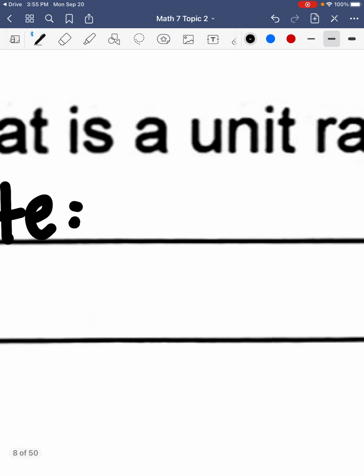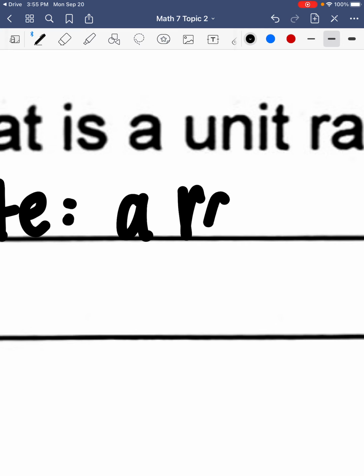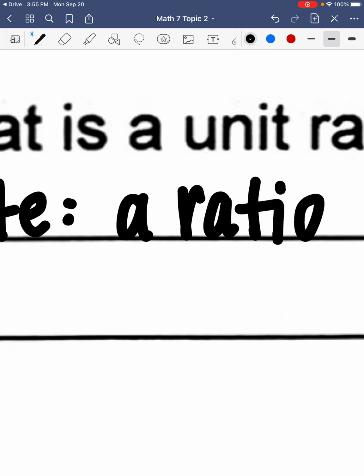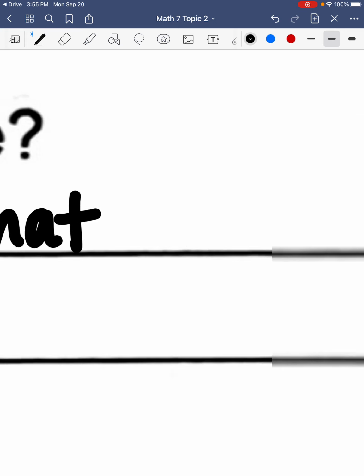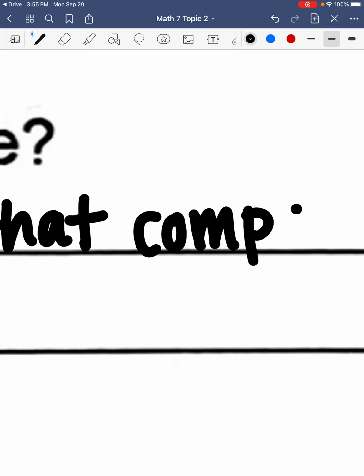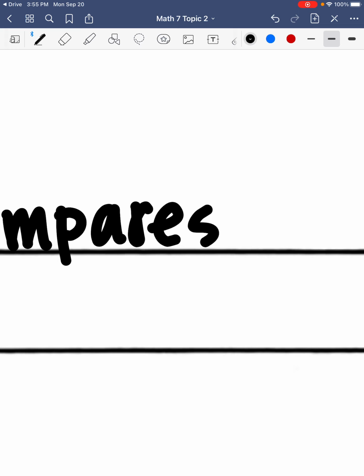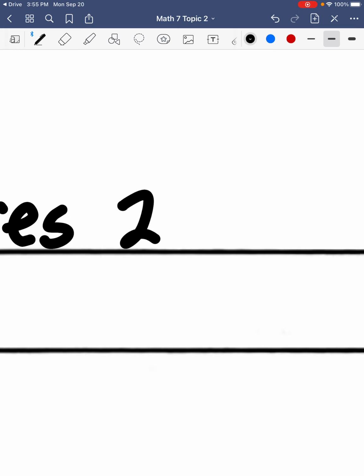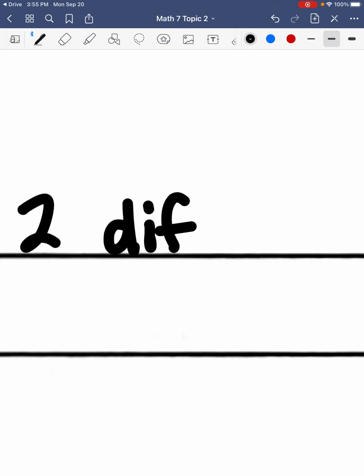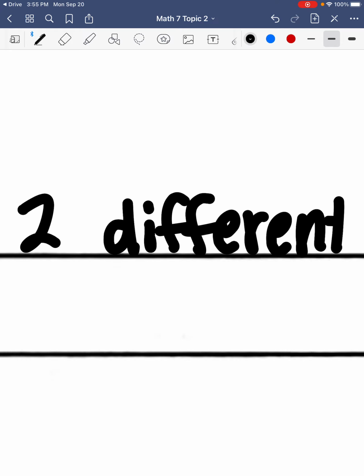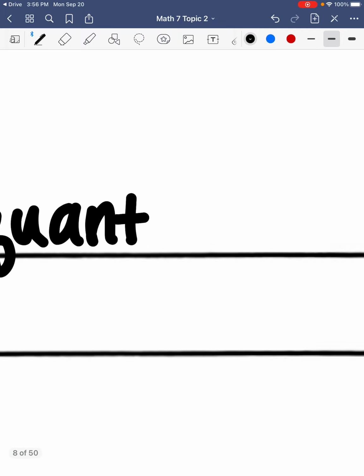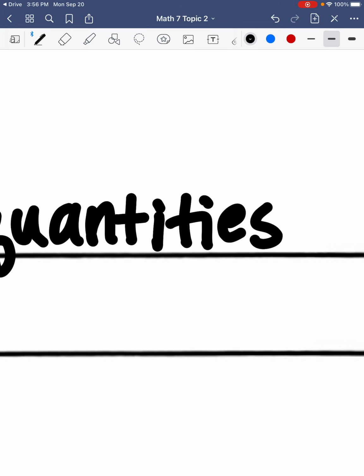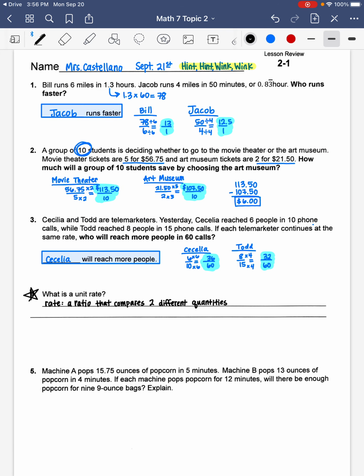A rate is a ratio. And remember, ratios look like fractions that compare two different quantities. A rate is a ratio that compares two different quantities.